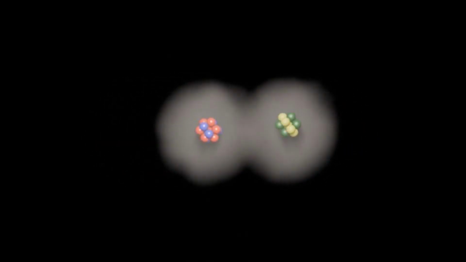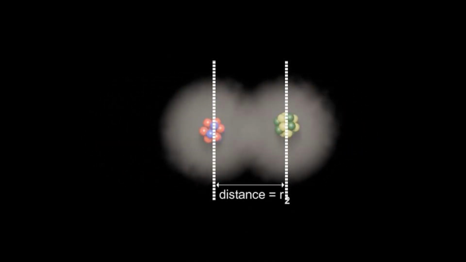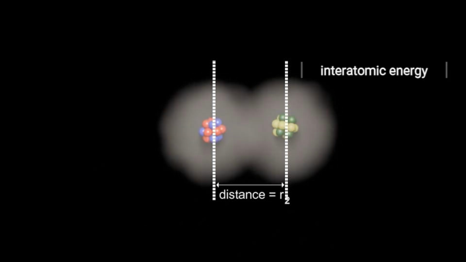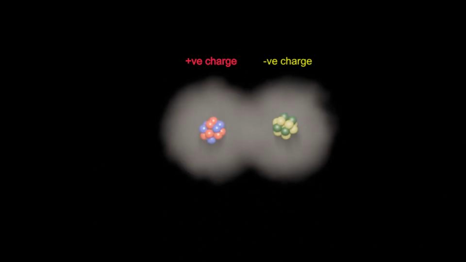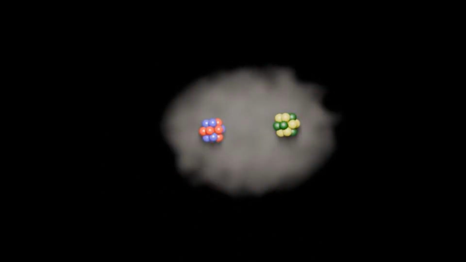If you decrease the distance between these atoms such that the new distance is r2, which is quite less than r, then this interaction or interatomic energy would be greater as compared to the former case. If the interacting atoms are of opposite charge, then the attraction energy will be large enough that the atoms might be bonded together.